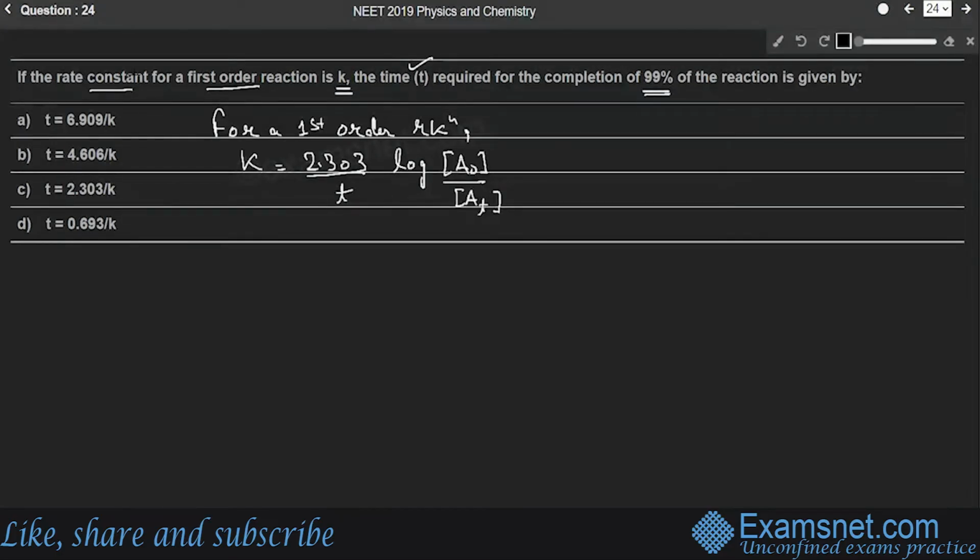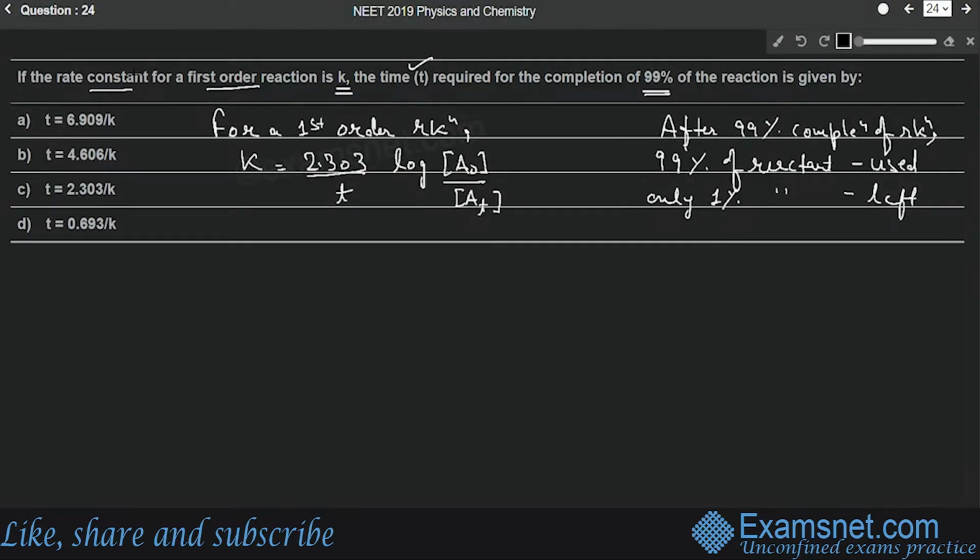Now what will happen after 99% completion of the reaction? 99% of the reactant will be used up. So how much will be left? Only 1%. So after 99% completion of the reaction, 99% of reactant will be used up, so only 1% of the reactant will be left.